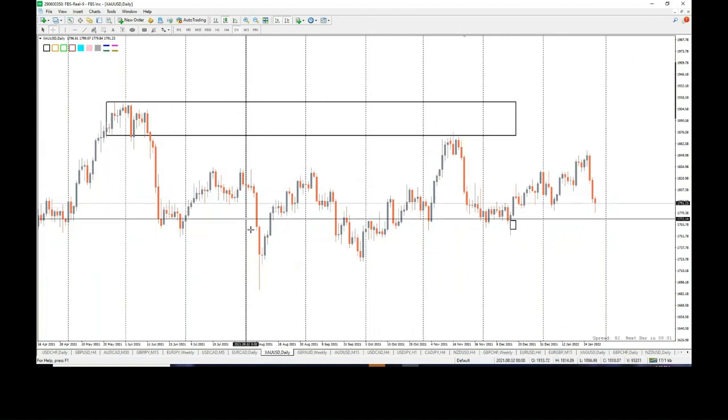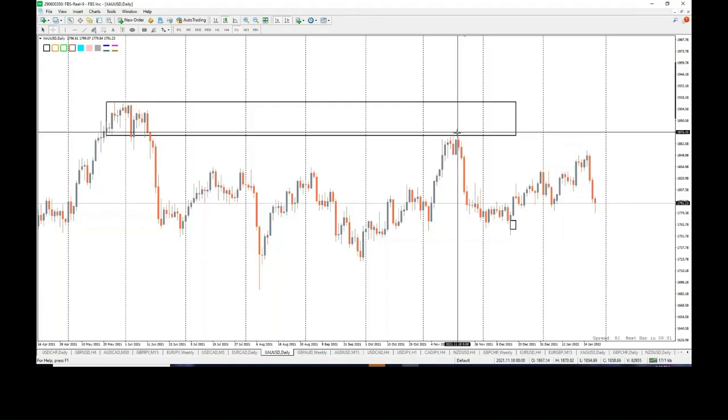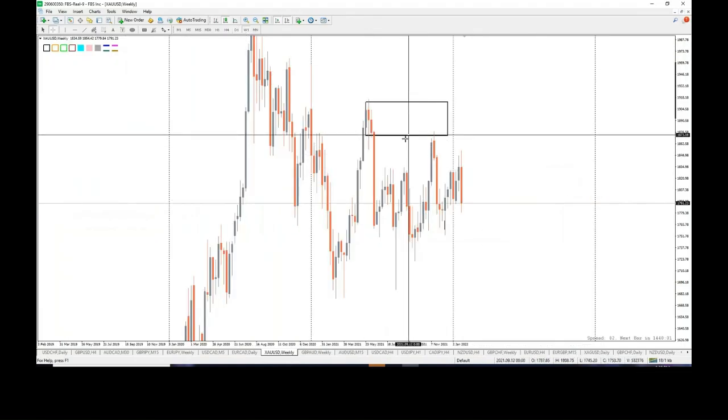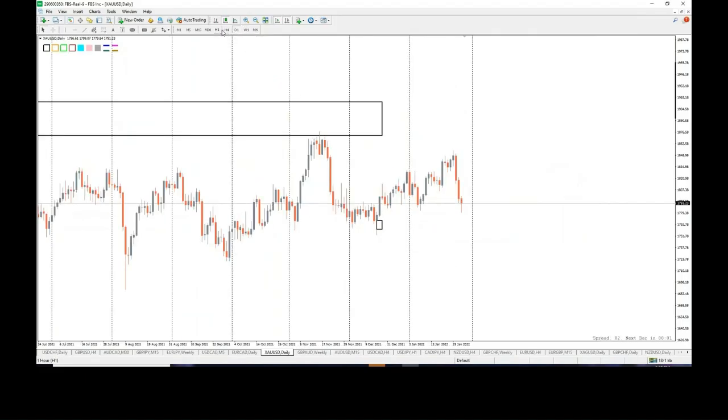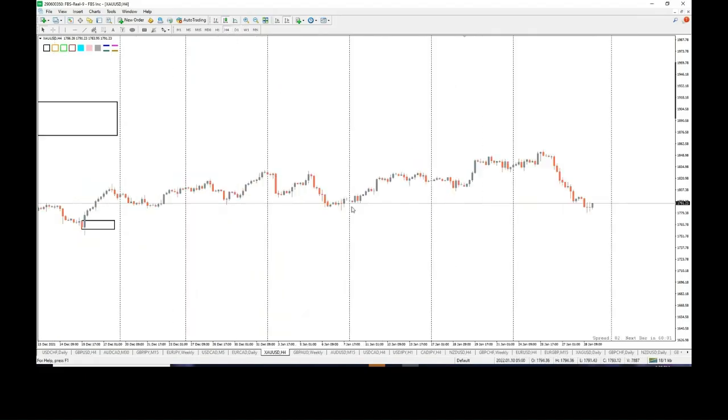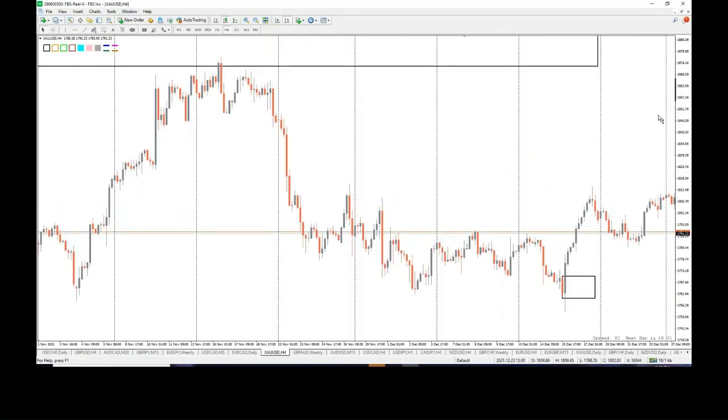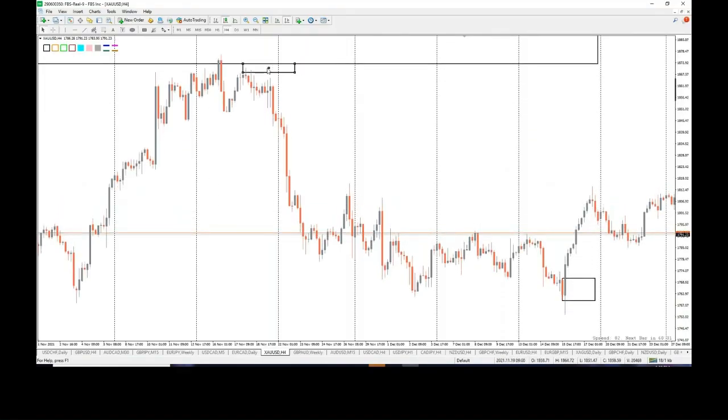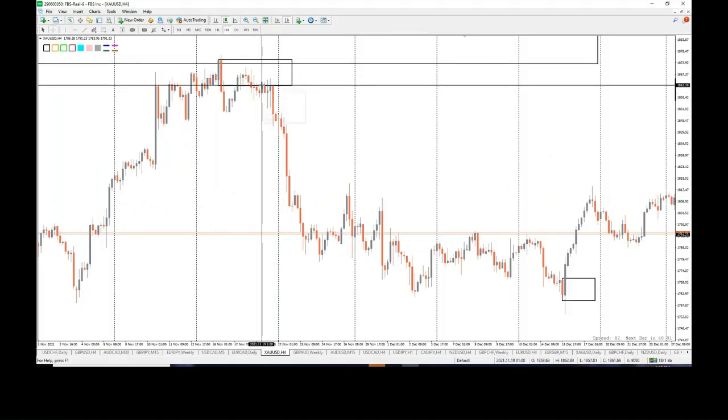What we do, we have to wait for the price to come here. This is the weekly zone. Wait for daily or H4 to make an engulfing sell. Okay, this is your sell zone, but we don't take this big zone with 158 pips.